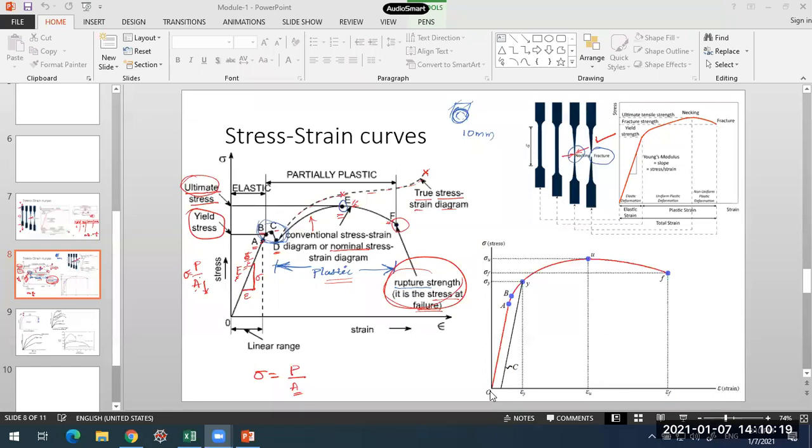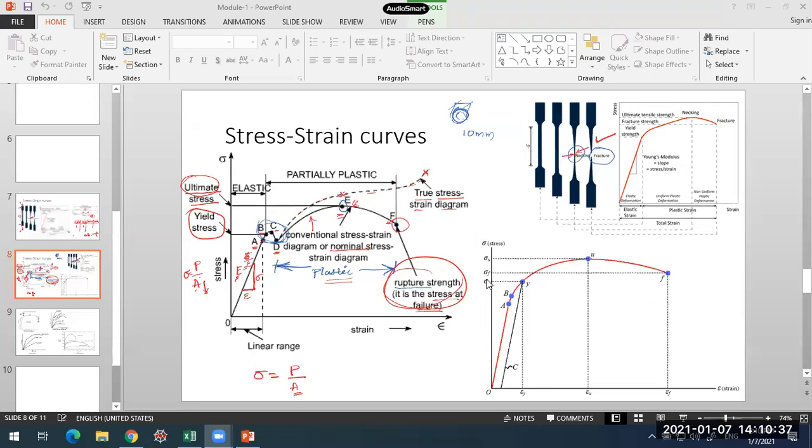What we will be doing is taking a strain of 0.002 over here, and drawing a line parallel to the initial portion of the curve with the same slope. Wherever it intersects my stress-strain curve, that will be read as the yield stress.